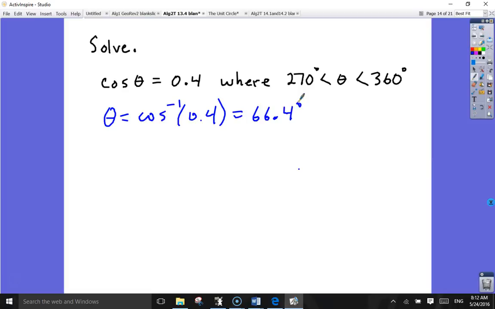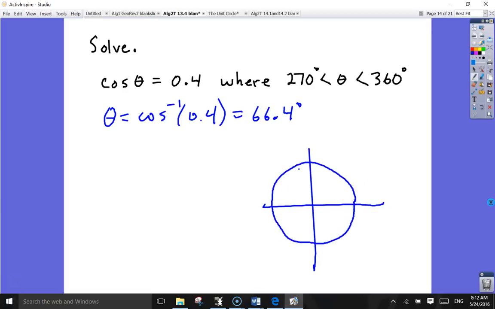But that 66.4, 0.4 is about right there. They want the answer between 270 and 360, which is which quadrant? It's quadrant 4, right? They want us to go straight down and figure out what that angle would be.